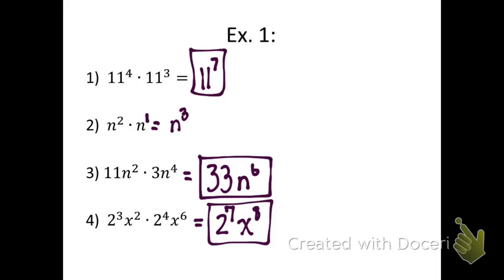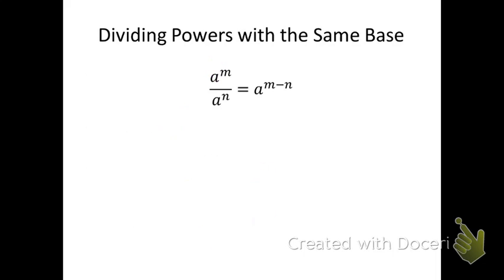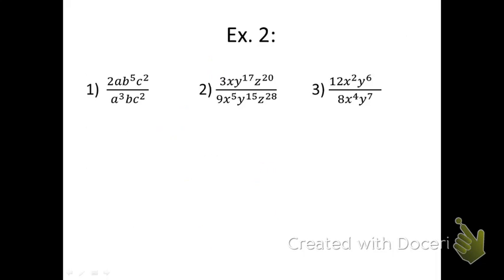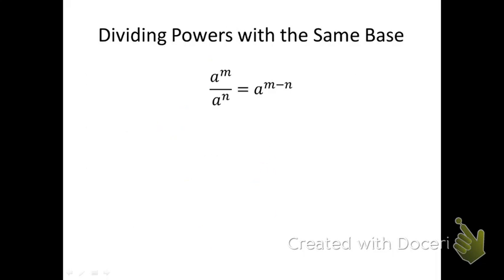Continuing on here, dividing powers with the same base, just like before. When we have the same base and it's being raised to a power and the operation is divide, then you would subtract your exponents. So, for example, a to the m divided by a to the n is equal to a to the m minus n.